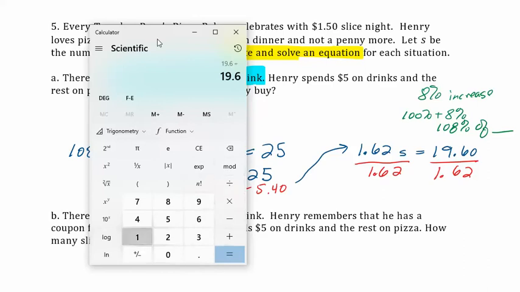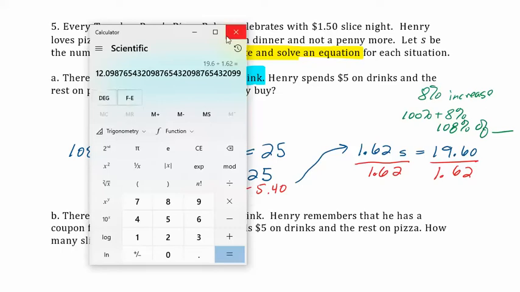$19.60 divided by $1.62 is 12.098. So any decimal here we would round down. Even if this came out to be 12.8 or 12.7, you don't have enough money to buy 13 slices, right? This is one of those situations where you don't round for everything 5 and above.